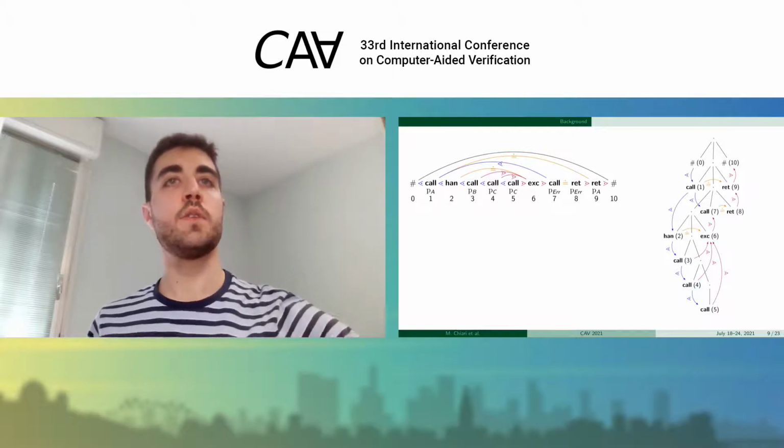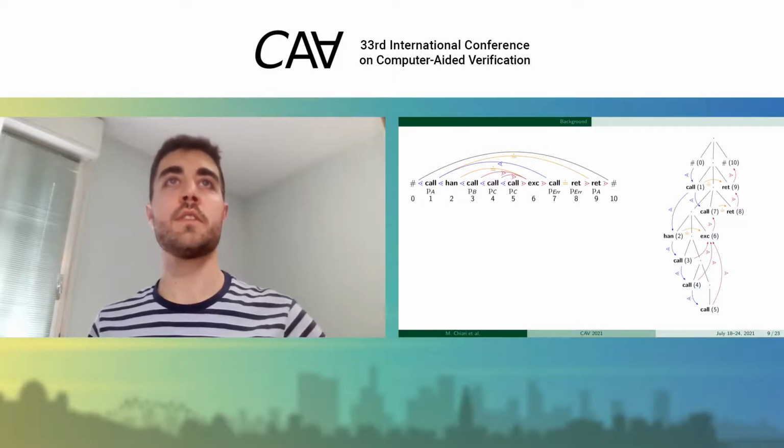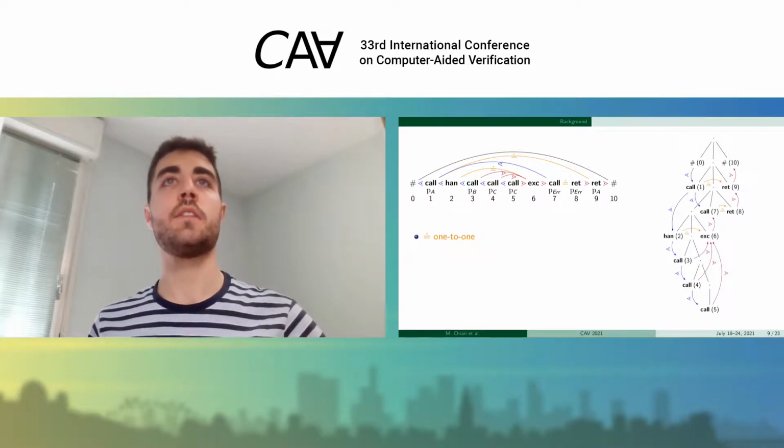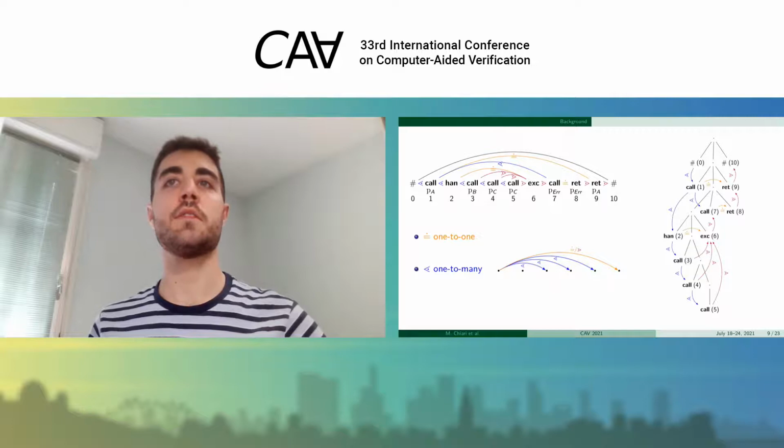So if we look at the precedence relations between tokens in the chain relation, we can see that those that are in the equals in precedence relation form one-to-one relations. Those that are in the yields precedence relation form one-to-many relations.